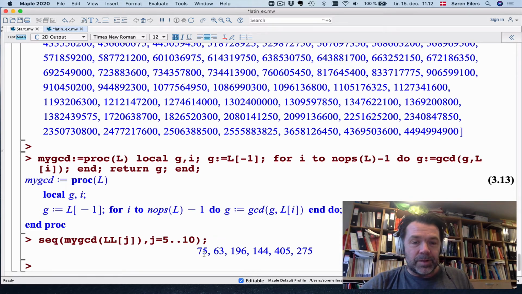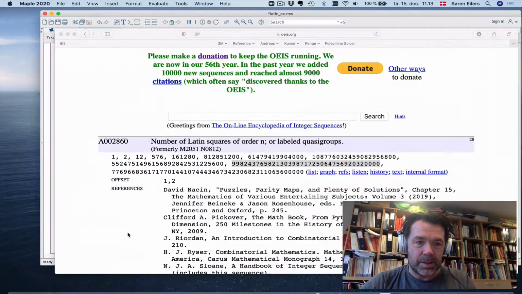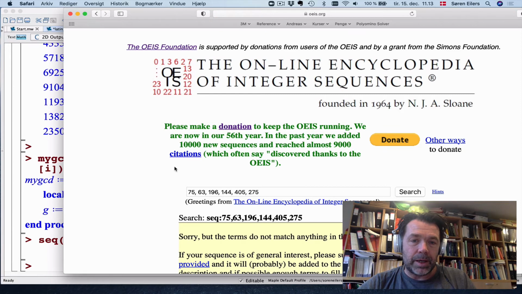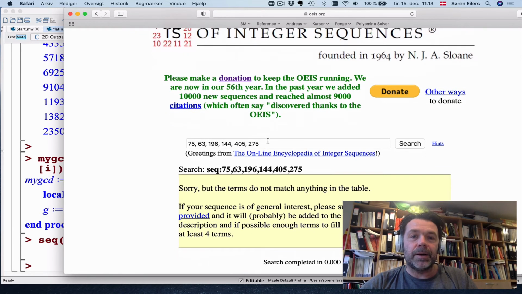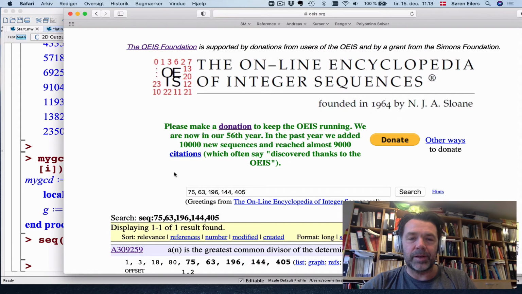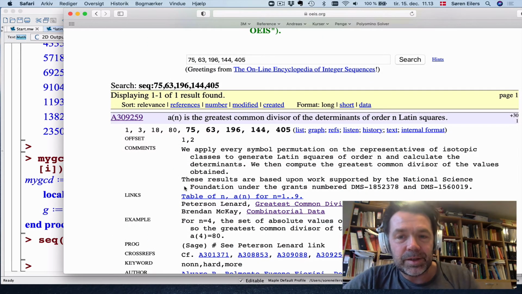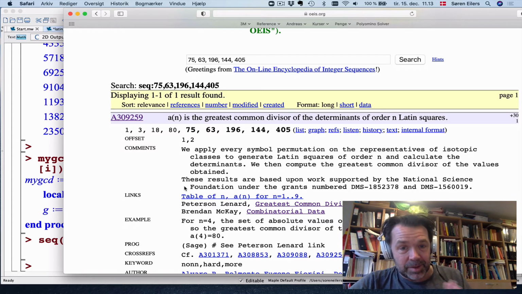Right, so these numbers, you can of course try to take them to the OEIS, and you'll not get a hit, but actually that's also because we overdid it a little bit. Somebody put in the GCD of all the determinants where they simply computed them all.